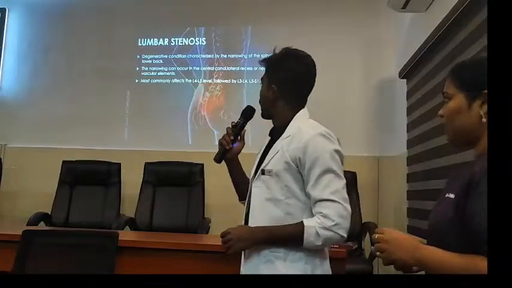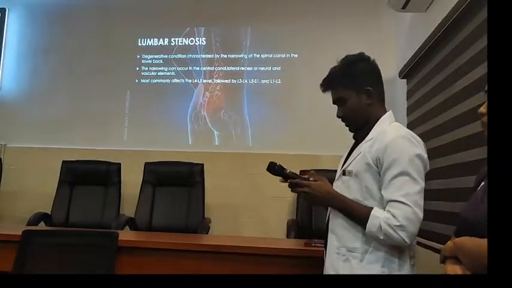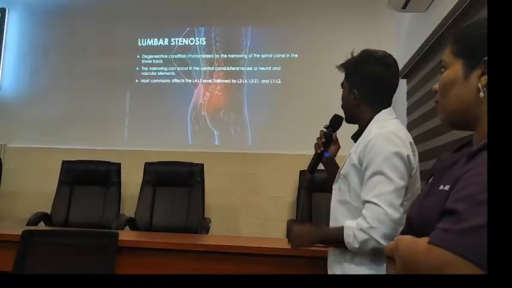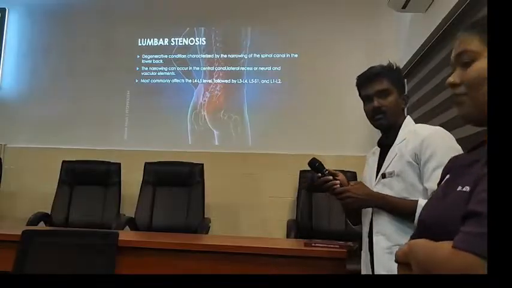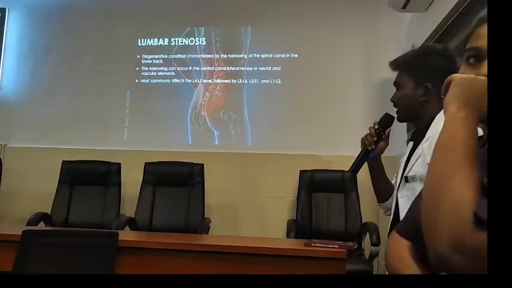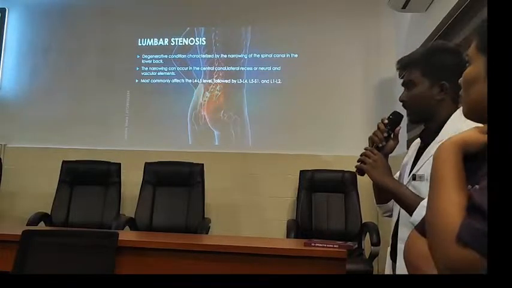Let's discuss lumbar stenosis. Lumbar stenosis is a degenerative condition characterized by narrowing of the spinal canal in the lumbar region. The narrowing can occur in the central canal, lateral recess, and neural and vascular elements.